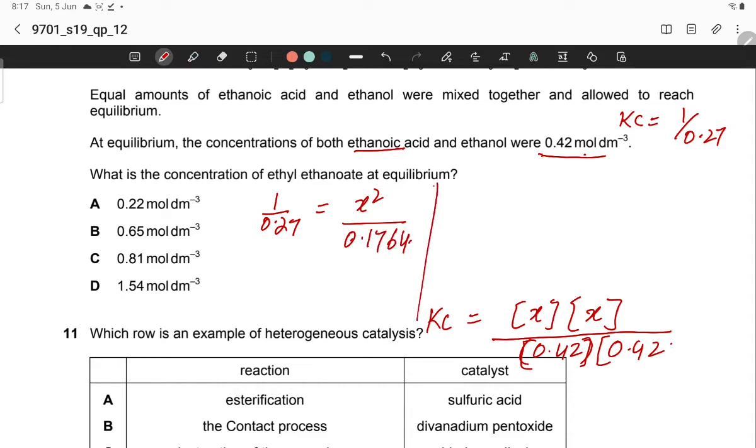So this is 1 over 0.27 into 0.1764 is equal to x.